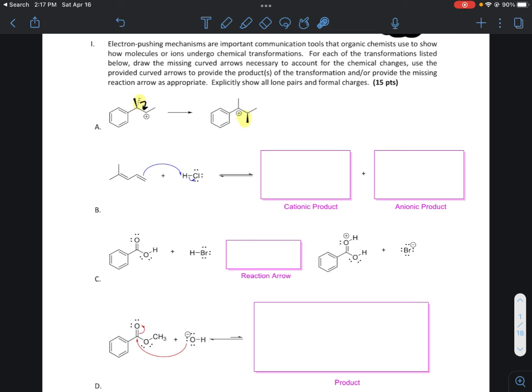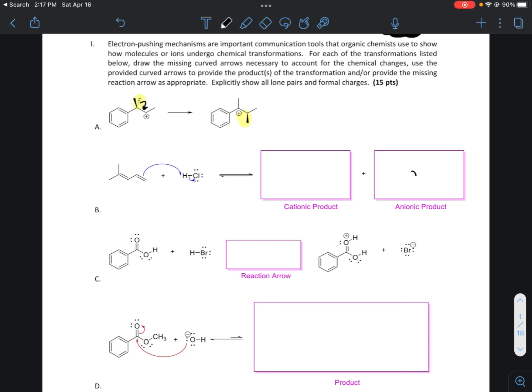Now let's do B. B is a little bit simple because they already gave you the arrows. So all you have to do is predict the product. Looking at B, we're going to use this alkene to pick up this hydrogen. At the same time, we're going to take the bond, the 2 electrons that hydrogen and chlorine shared, and put that onto the chlorine.